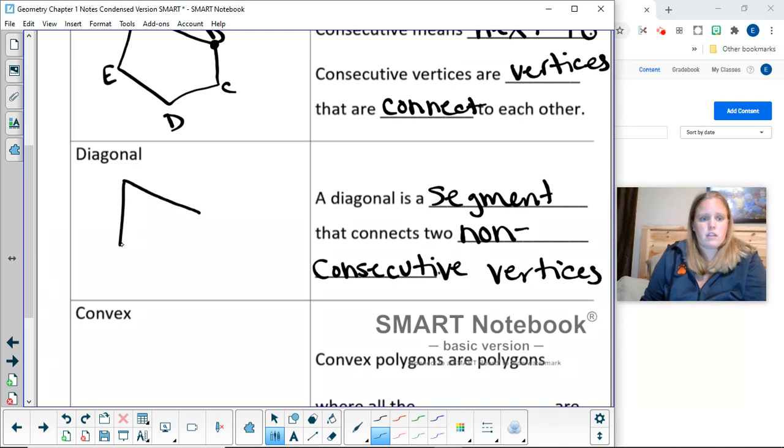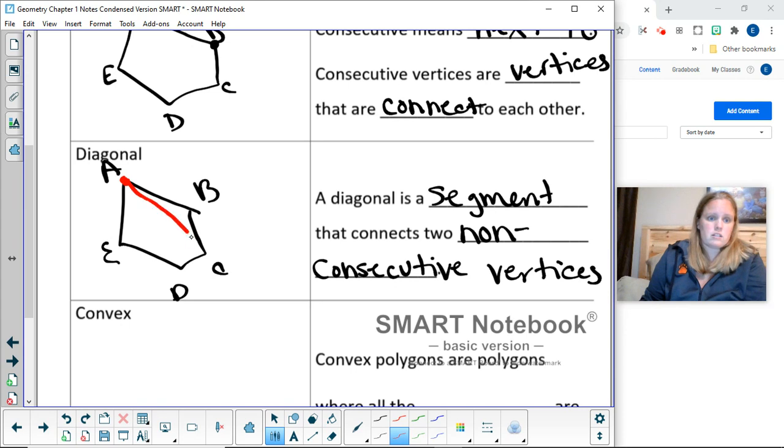So if I were to draw that pentagon again, A, B, C, D, E, I couldn't count A and B as a diagonal. The diagonal has to connect A to something that it's not already connected to. So I could stretch it across to C.